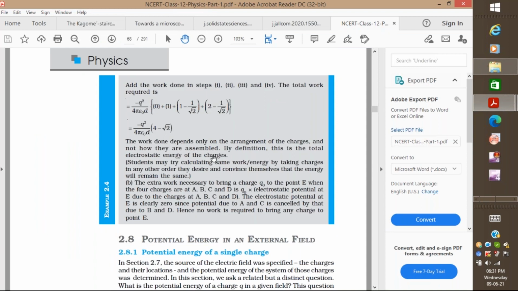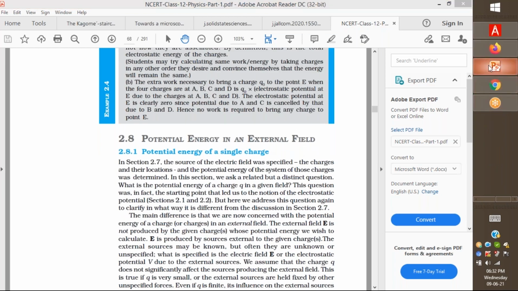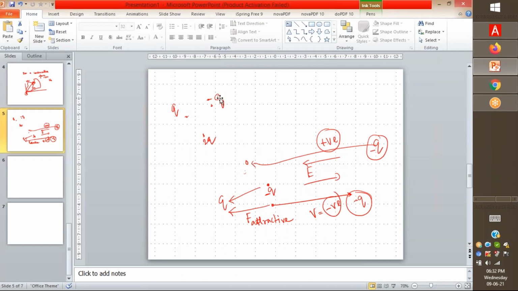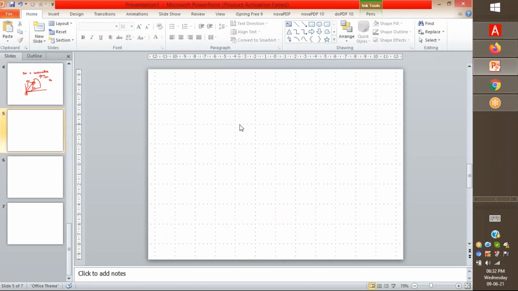Now we'll see the potential energy of a single charge when the charge is in an external field. The situation is, suppose you have a single charge, positive or negative.